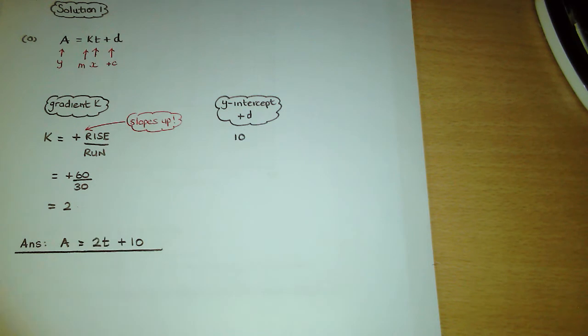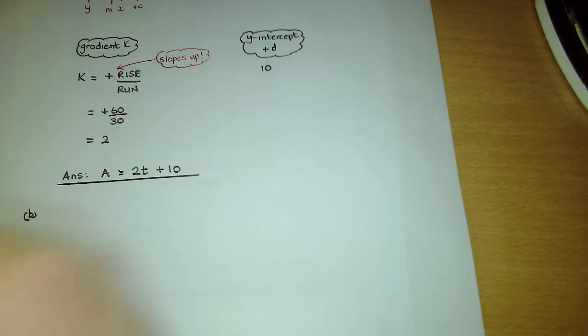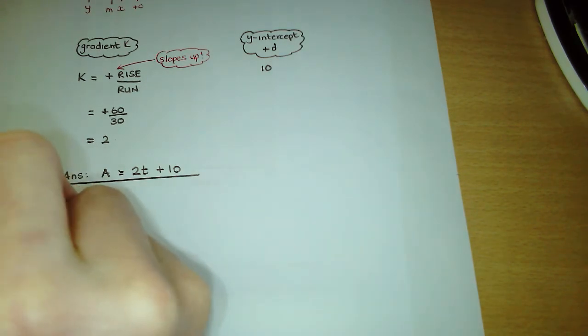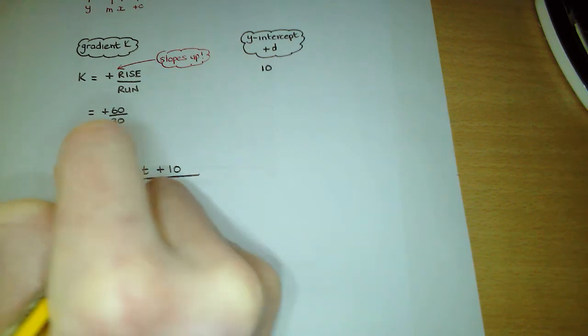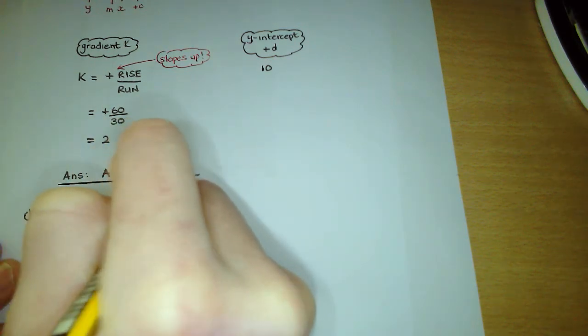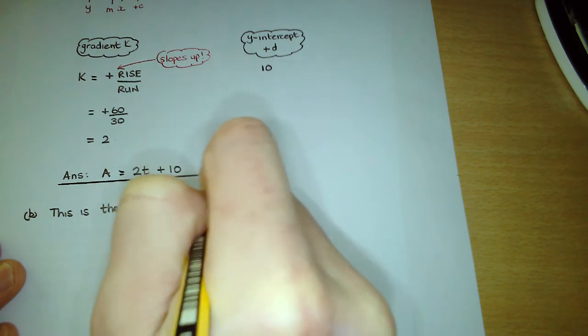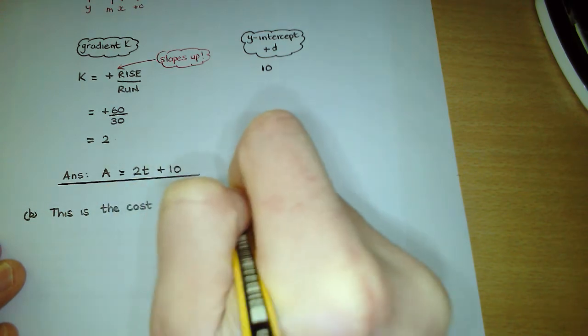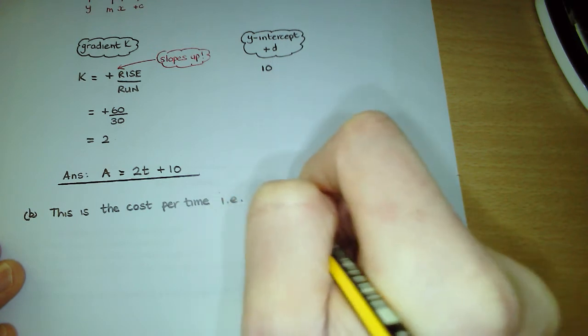Okay. So part B, the gradient, this is the cost per time, i.e. £2 per minute.